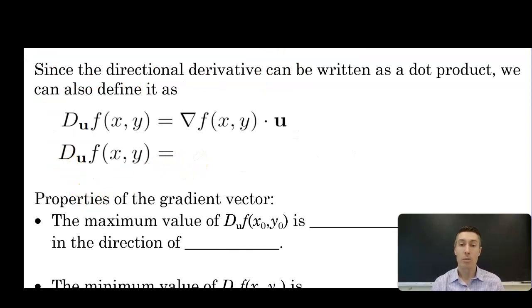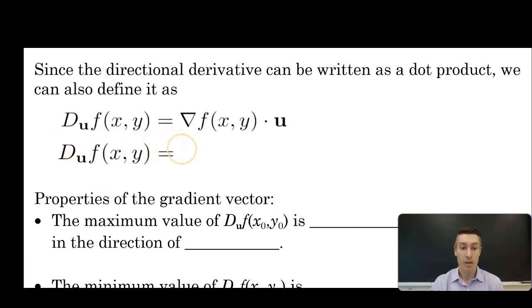So now let's dive a little bit deeper into the directional derivative the way it's defined. Since the directional derivative can be written as a dot product, we can also define it another way. If you remember from our work with the dot product, we had the computational way that we've been using: find the products of the like components and add them together. And then we had a second way to define the dot product in terms of the angle between the two vectors.